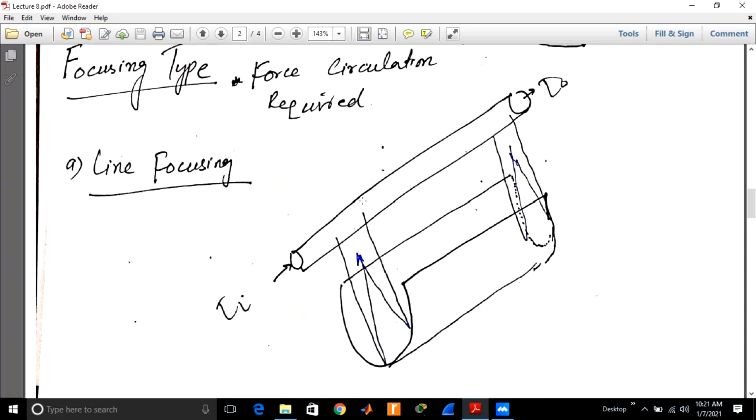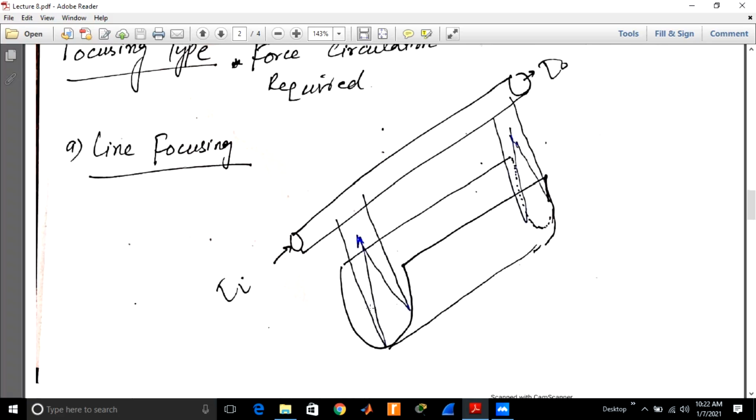So this is the line focusing. Suppose this is the line, and we want to focus it, so we will use such half cylindrical type of reflectors. So the rays will come here.